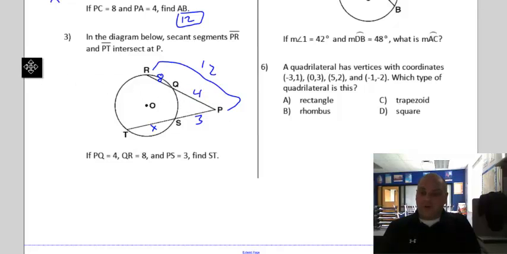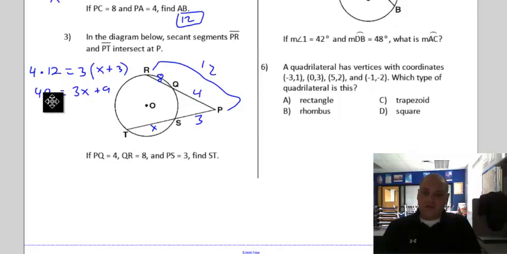So outside 4 times the whole thing, 12, equals outside 3 times the whole thing, x plus 3. So it's going to be 48 equals 3x plus 9. Subtract 9. 39 equals 3x, divided by 3, and we're going to get 13. So ST is 13.